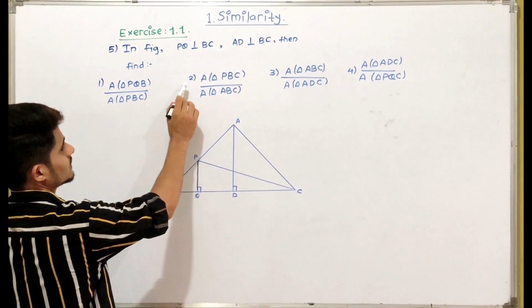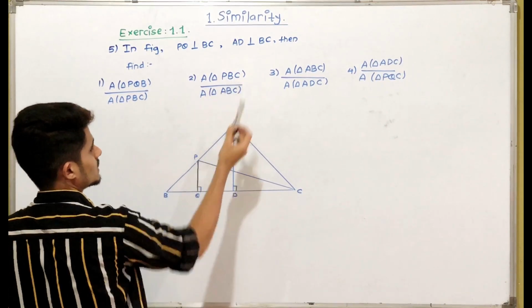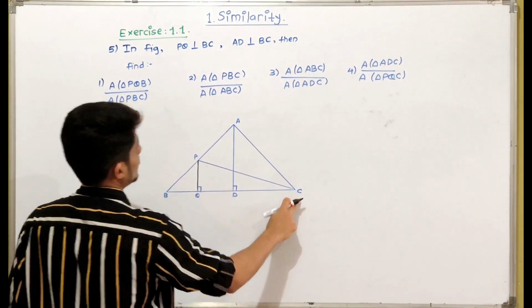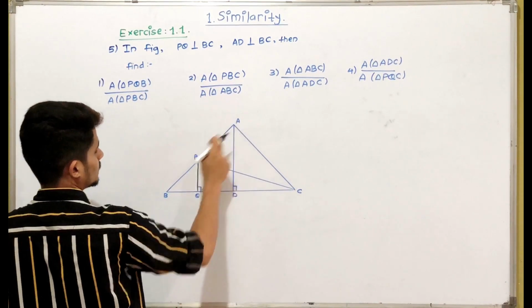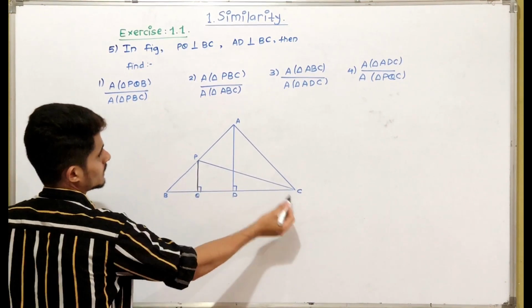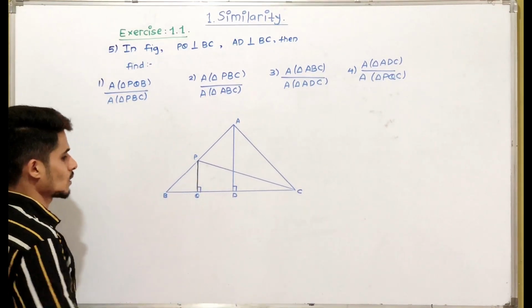Similarly, we'll see second one, area of triangle PBC and area of triangle ABC. In triangle PBC and triangle ABC, the base BC is common.